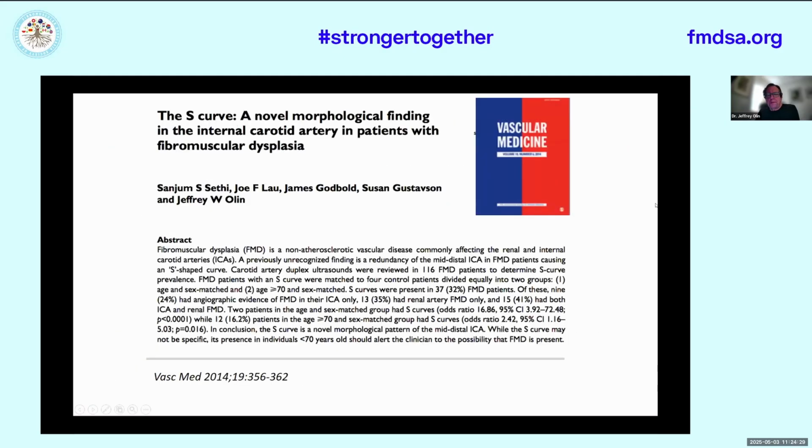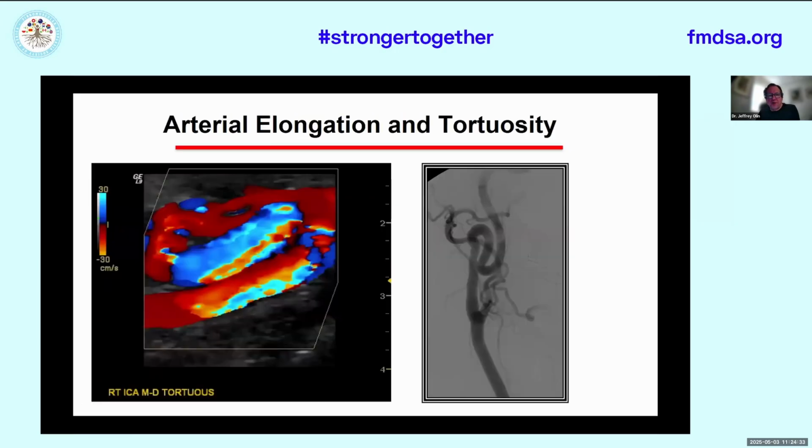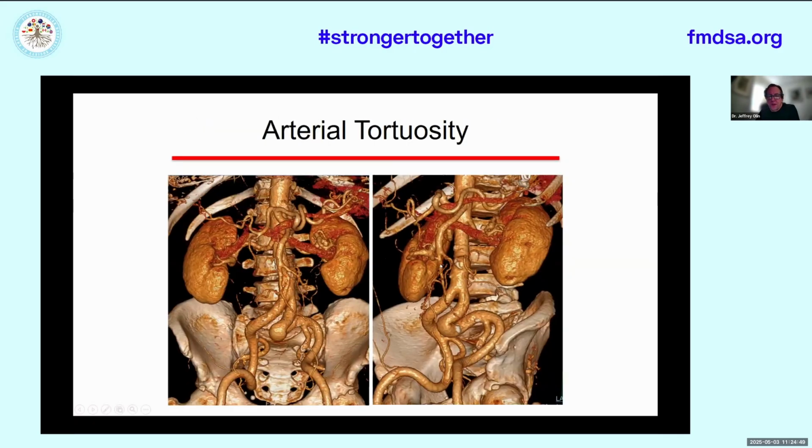We first described tortuosity associated with the so-called S-curve, which occurs in the carotid arteries. 34% of people with FMD have it, but people with SCAD have it too, and people with other arteriopathies like vascular Ehlers-Danlos, Loeys-Dietz syndrome, and genetic diseases such as that have it.